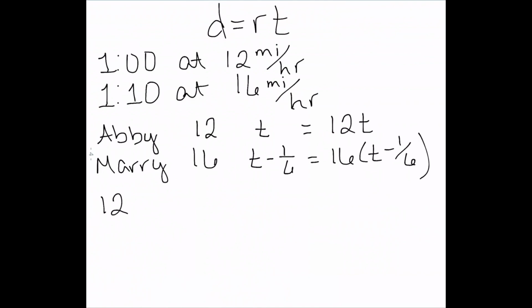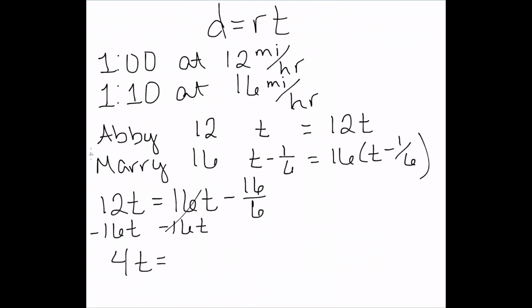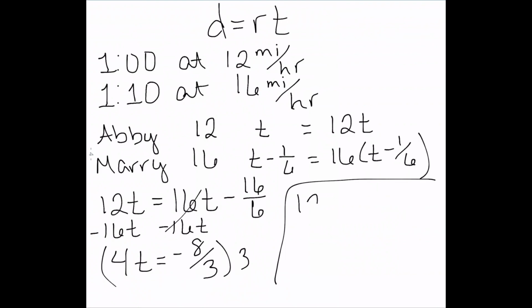If they're going to meet, we need these two things to be equal. So I'm going to go ahead and distribute this: 16T minus 16 over 6. I'll subtract 16T from both sides. That gives me 4T is equal to minus 8 over 3. So I went ahead and reduced this. Multiplying through by the denominator gives me 12T equal to negative 8.